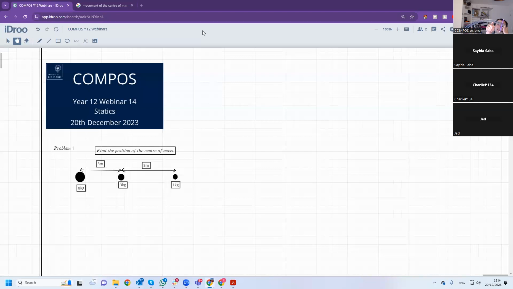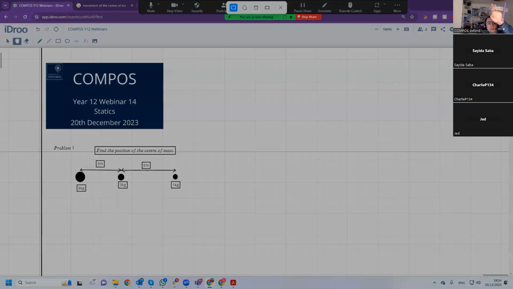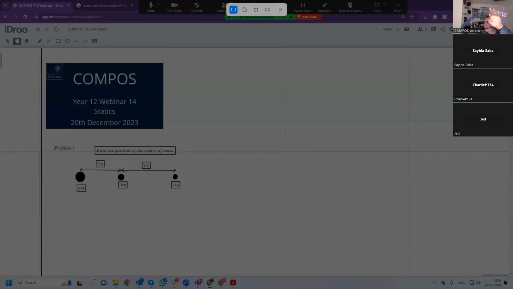Where do you think the center of mass is? Where do you think the center of mass would be in this example? The center of mass of the track and pen. Somewhere below the track.